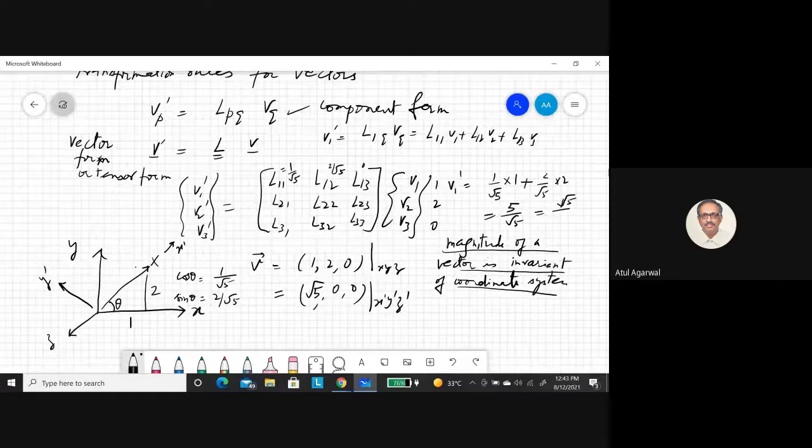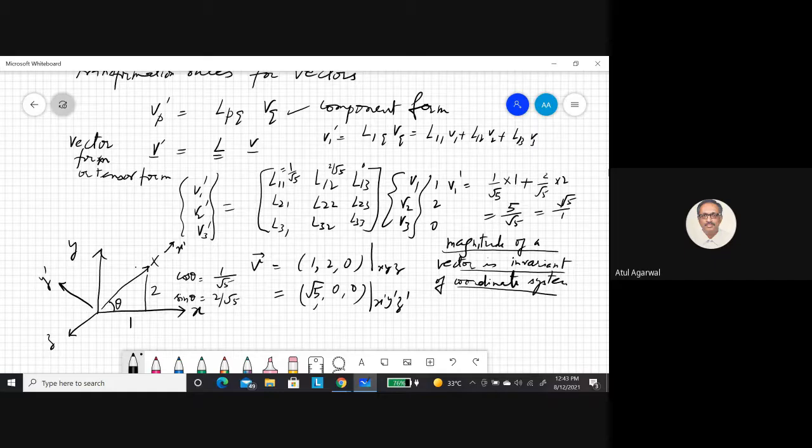Okay. So what is coming here, I could directly write because I knew the magnitude of this vector is root 5 and that is independent of the coordinate system. And since this whole vector is in direction x prime, that is the way I have chosen my x prime axis, all other components are 0.